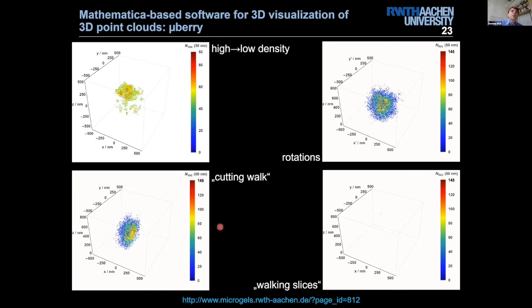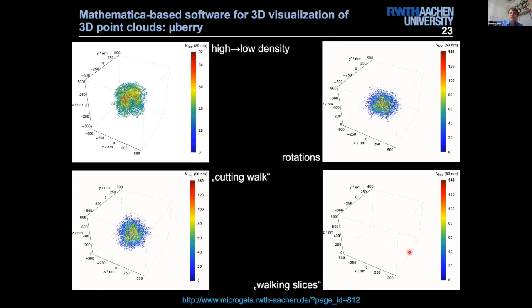It is called Microberry, and you can access it on this page here. It gives you options, for example, of going from high to low density regions, making cutting walks, as we call them, rotating the things, and making walking slices. I'm aware that other programs do this also, but I think we have a lot of options, and the visualization is very aesthetic.